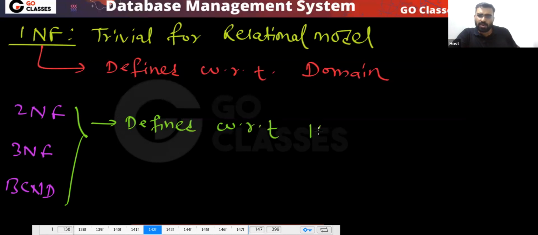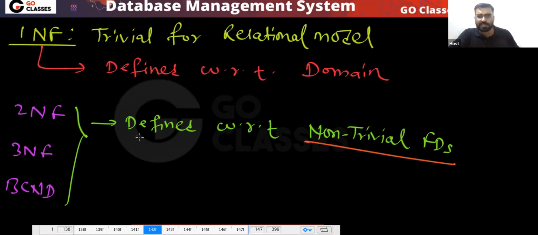Is this clear? So these are defined with respect to non-trivial functional dependencies, or I can say with respect to functional dependencies.